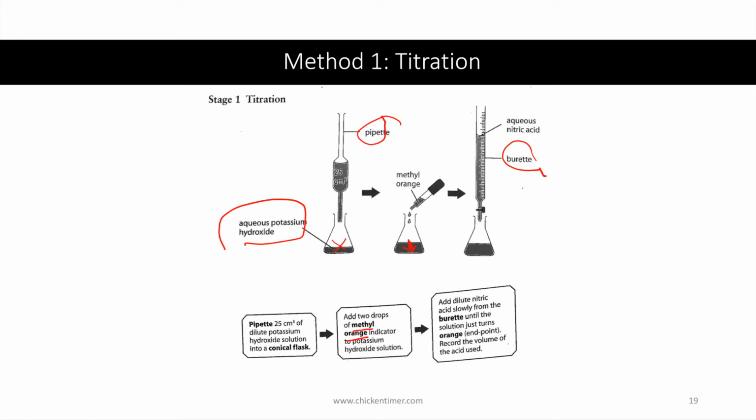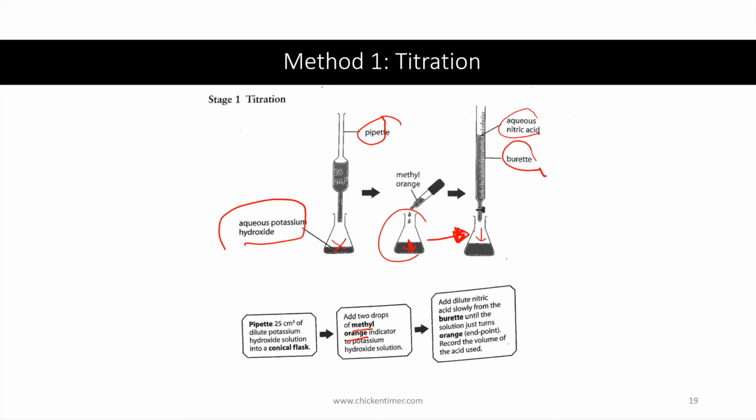Then what you do is you fill the burette with nitric acid, and it looks like that. Then you take the conical flask and put it under the burette. Then you slowly pour the nitric acid inside here.